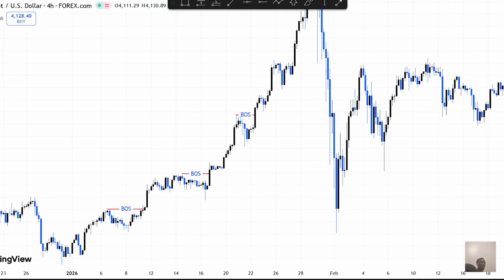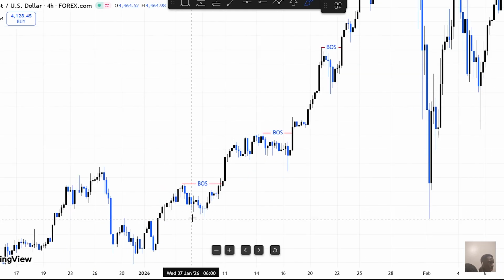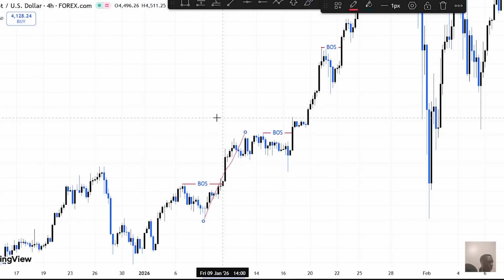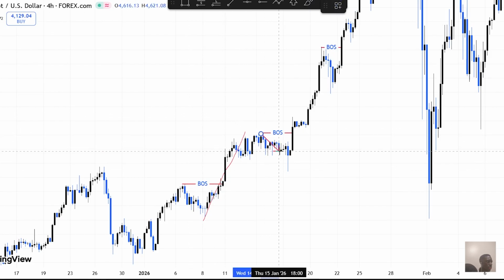So as you can see now, this is a little bit cleaner and less congested like the first one, because the first one there was higher highs and higher lows and lines and everything. But you see, price breaks the high, which is the breakout structure, and then it retraces here, and then it gives us another breakout structure.